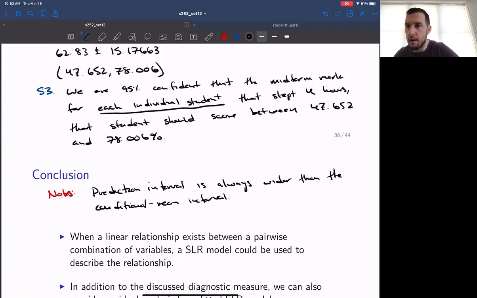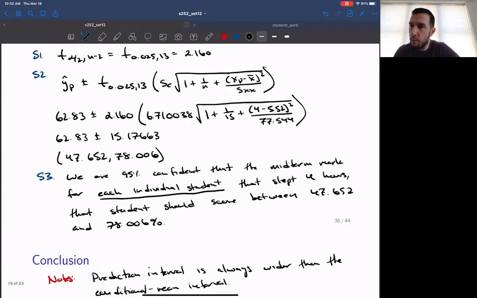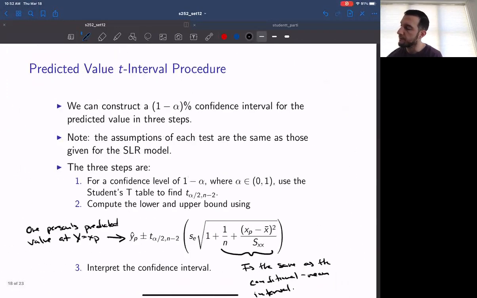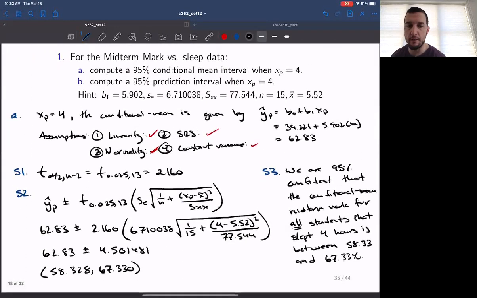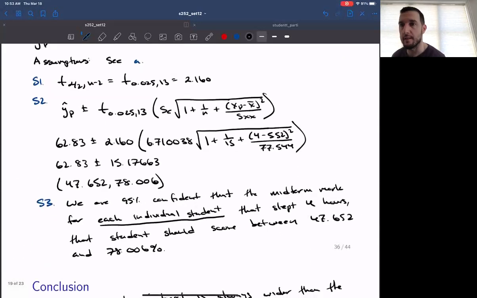So the standard error for the prediction interval is always going to be greater than the standard error for the conditional mean interval. And again, you can see that here, the effect of the 1 plus changes the margin of error for the interval from 4.501 in the case of the conditional mean interval to 15.1766.